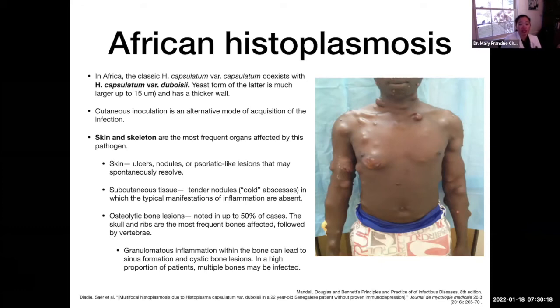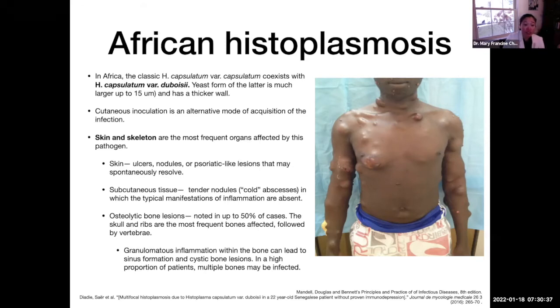The gist of it is that for African histoplasmosis caused by variant duboisii, skin and skeleton are the most frequent organs affected by the pathogen. And here is where you can have cutaneous inoculation as an alternative mode of acquisition of the infection.